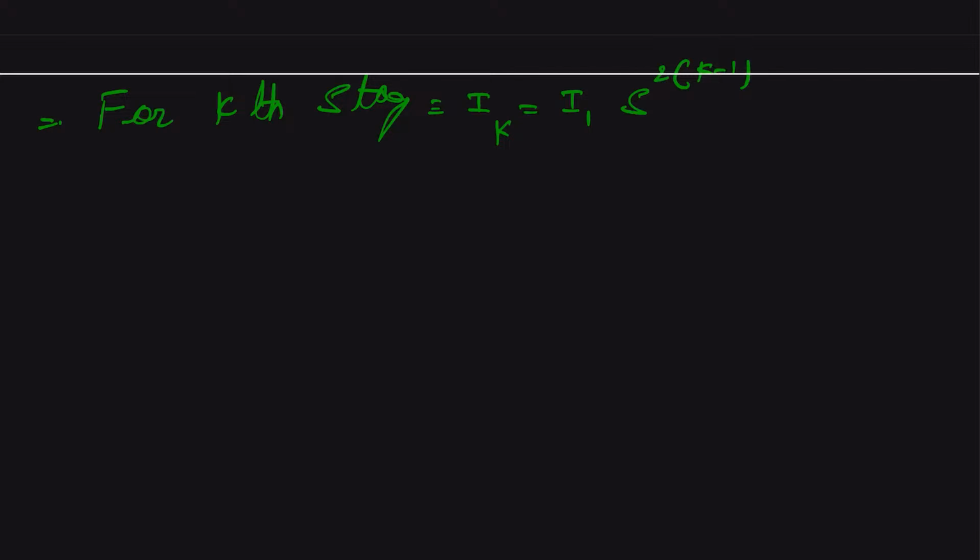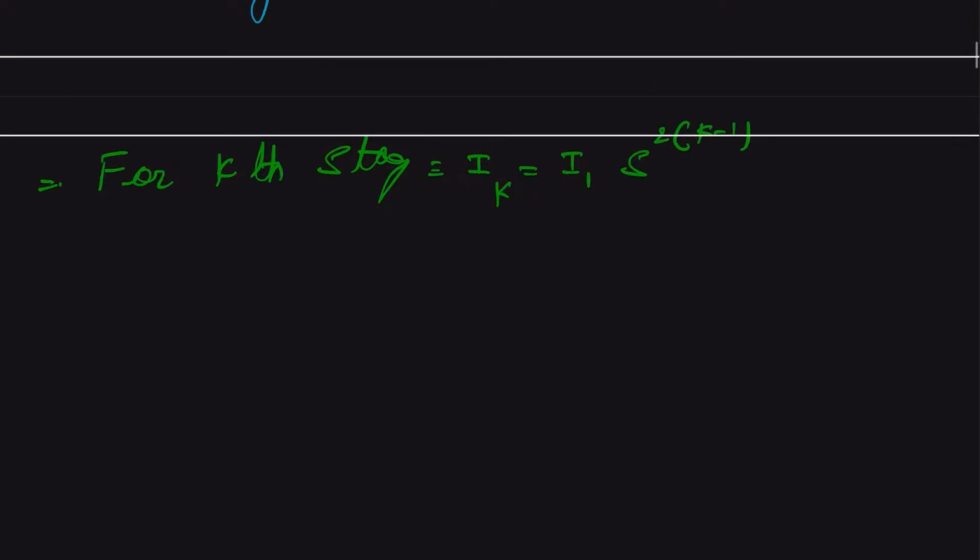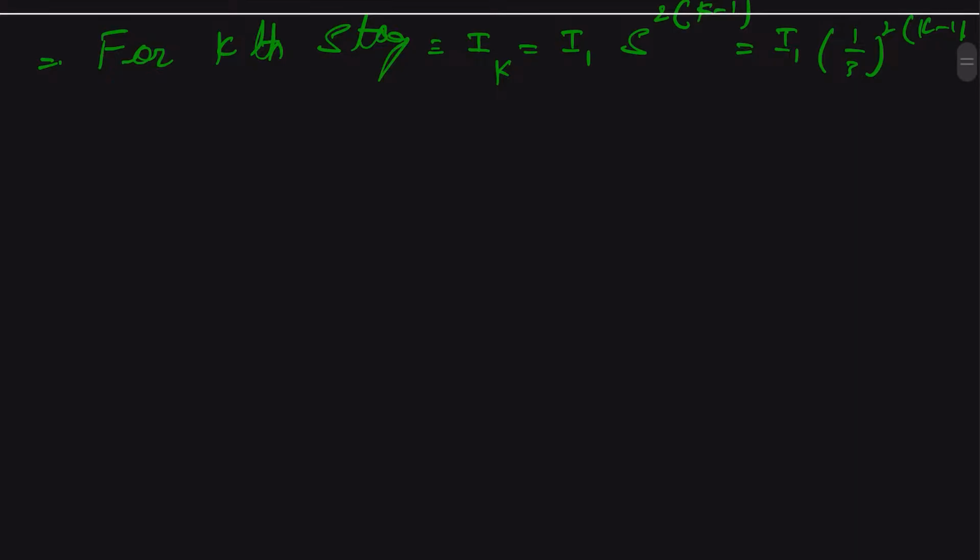Okay, and we can substitute the value of S. S is 1 by 3, so that will be I1 times 1 by 3 raised to 2 times k minus 1. Therefore, for the kth stage, we get I1 times 1 by 9 raised to k minus 1.